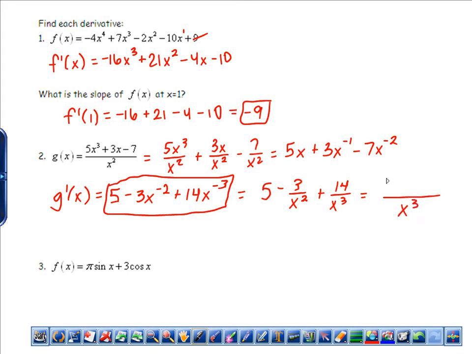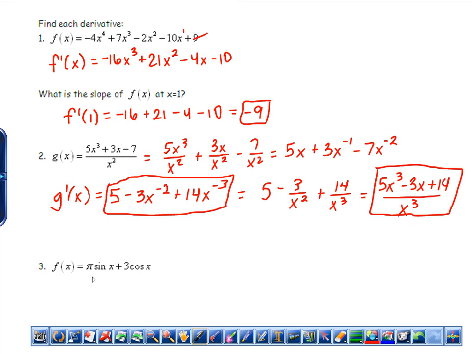So I need to multiply the 5 times the x cubed. I only need to multiply the 3 by an x, and the 14 stays as it is. Okay, so this is another way to write it. Honestly, the first way is fine. The only reason you would need to change it is if you were wanting to use this for something. This right here might be a little bit easier to work with.